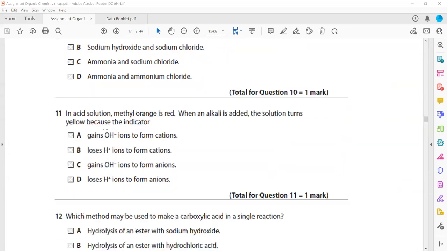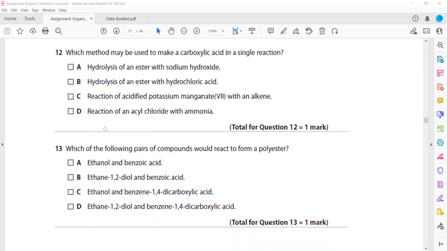This was related to the acid topic, but we are doing organic only now. That's why I quickly go through. Which of the methods could be used to make a carboxylic acid in a single step? If we want to prepare a carboxylic acid in one step, and we do hydrolysis of the ester in the presence of sodium hydroxide, what happens? When the ester hydrolyzes, it will produce a carboxylic acid and alcohol.